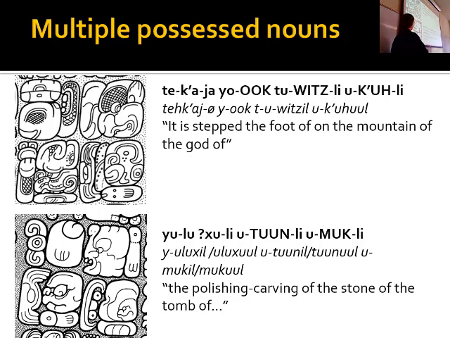Umukil or umukul, the burial of. So the polishing, the carving of the tombstone, basically, right? Of the stone of his tomb. So this is a gravestone. They describe how they finished it at the beginning of the grave inscription. And in this case, it's just sequential possession. The carving belongs to the stone belongs to the grave belongs to the fellow buried there.